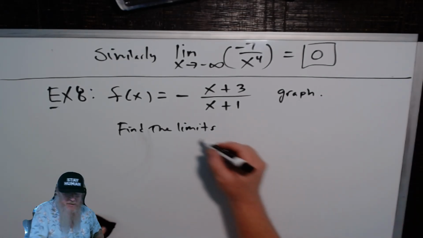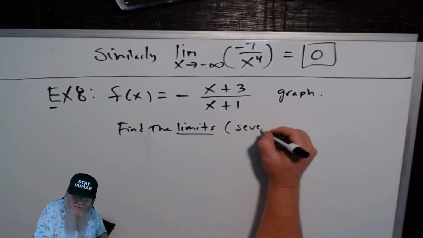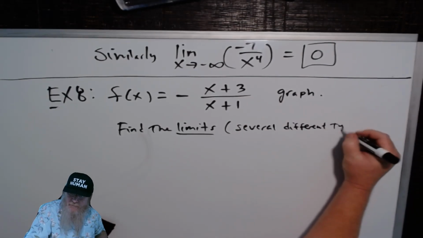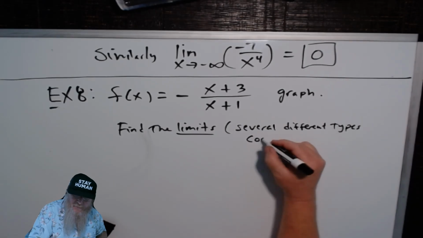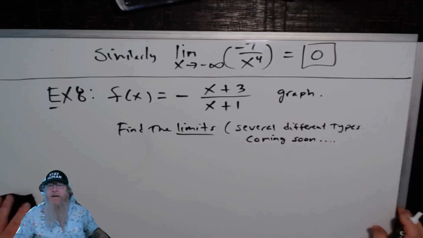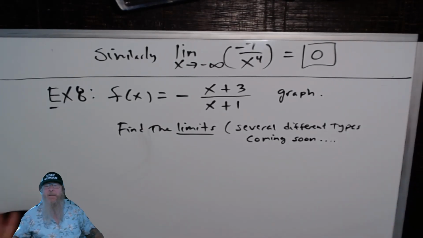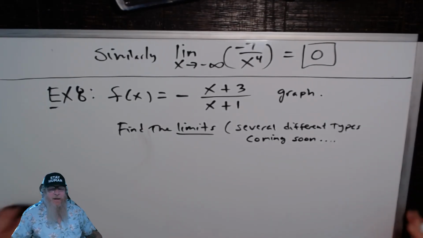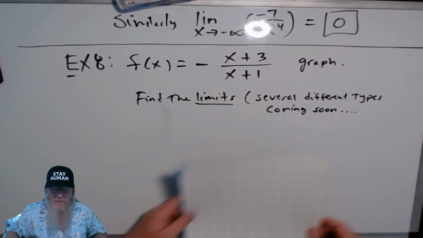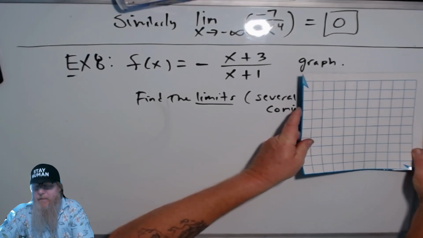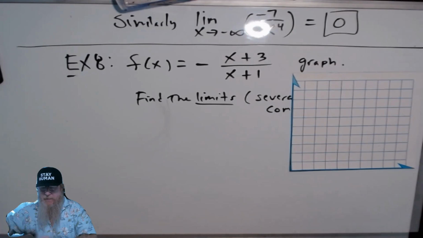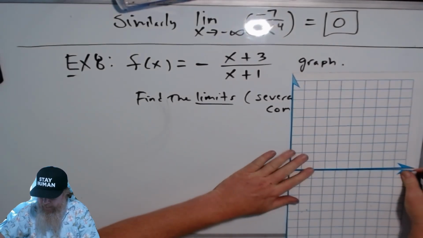And now I'm going to do several different types. Coming soon. I don't know what to say on this tiny board here. I could write them all over here on the sidebar, but we'll see. Okay, let's get out the graphing board. Let's see if I can squeeze this in here.